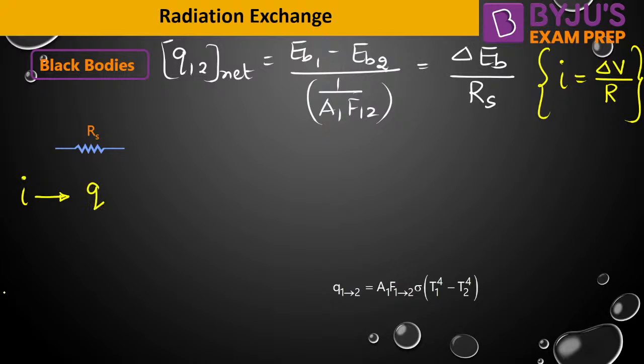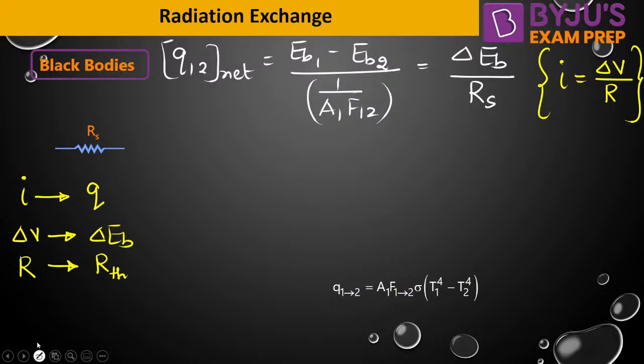I is similar to Q, and delta V, the electrical potential, is similar to the radiation thermal potential, that is delta EB, and the electrical resistance is equal to the thermal resistance. That is called space resistance.